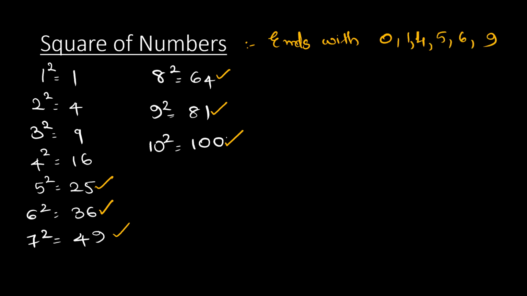And it does not end with the numbers 2, 3, 7 and 8. So this is what we have to note. The square of a number never ends with 2, 3, 7 and 8.